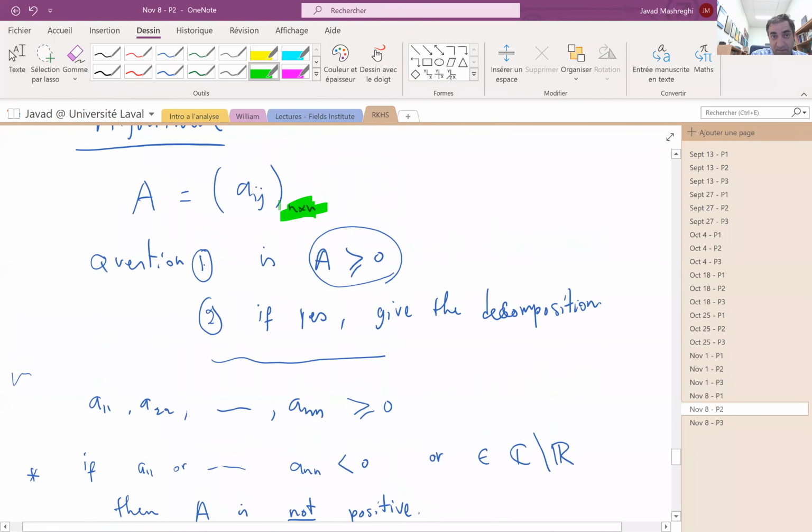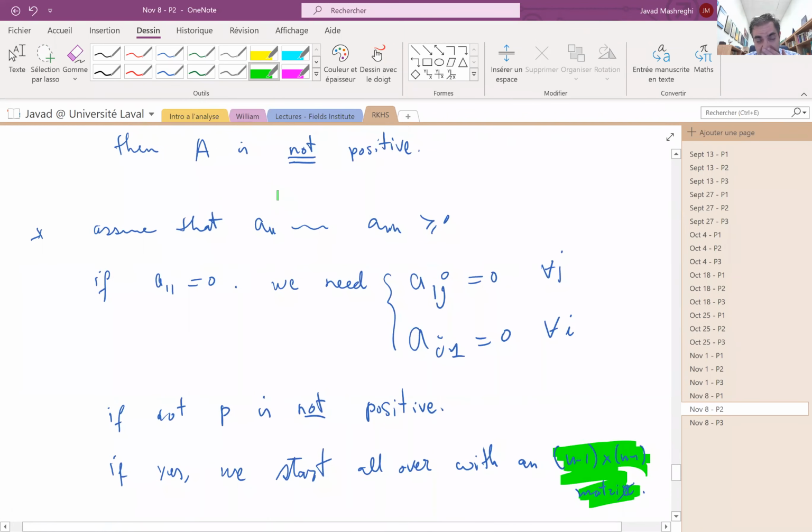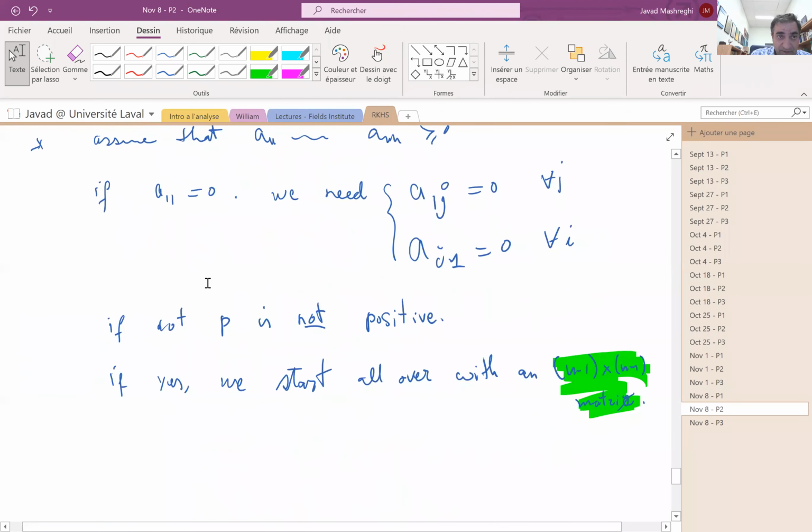If we ended up here, everything in the first column and first row equal to 0, or it doesn't matter, the third column and third row, everything 0, we can forget about this and start all over, but with a matrix whose order is less, n minus 1 by n minus 1. But this is for the case if A11 is equal to 0.